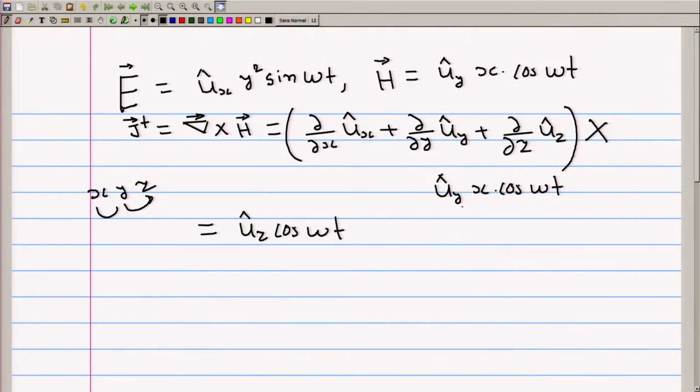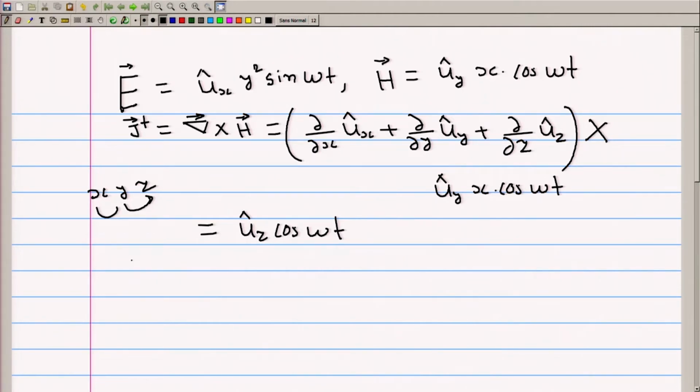And uy cross uy will be 0, because the angle is 0 degrees and sin 0 is 0. And uz cross uy would be minus ux, but del upon del z is 0 because in the H term there is no z component. So, its differentiation will be 0. So, this will be the J_t, equal to uz cos omega t.